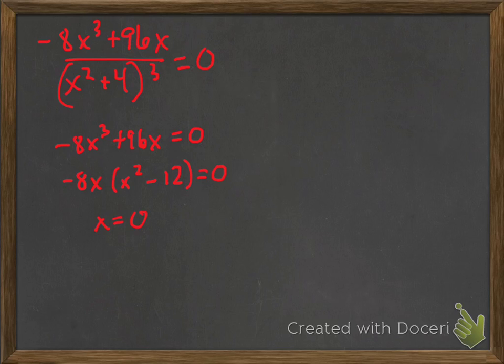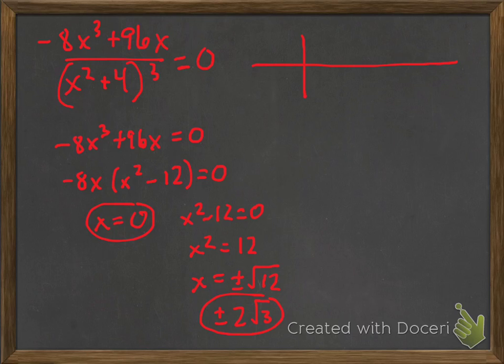X equals 0 and x squared minus 12 equals 0. Take the square root. You get plus or minus radical 12, which is 2 radical 3. So these are possible critical numbers. You have to test them.